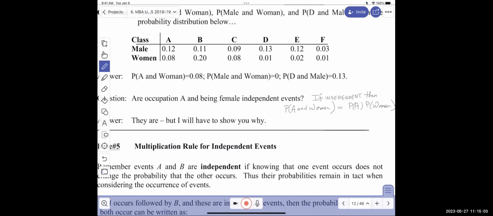Let's check both sides of this. Let's check the left-hand side. What is the probability of A and woman? That we read right off the chart. That's 8%.